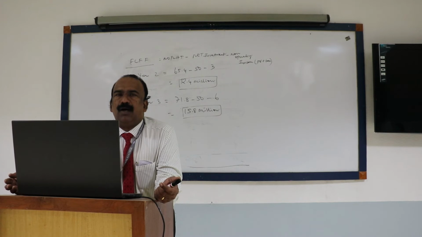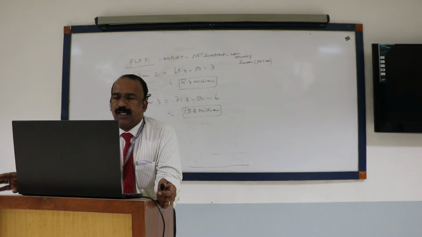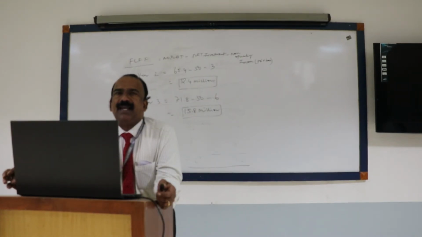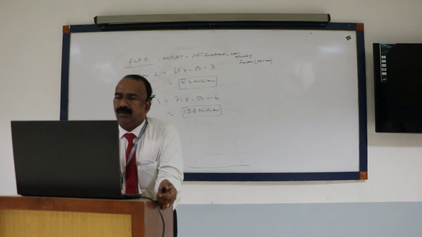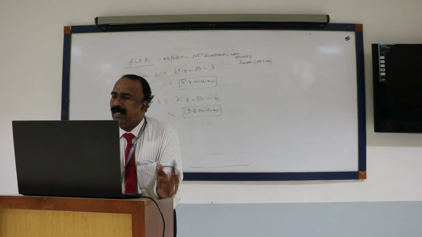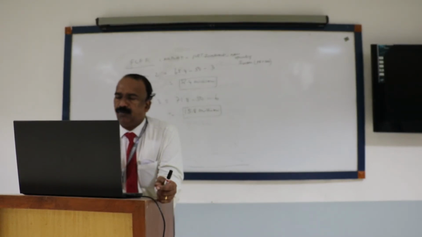Financing cash outflow is the opposite: repayment of loans, redemption of preference shares, share buyback, dividend paid, interest paid. Let us find out whether it is net financing cash inflow or outflow.